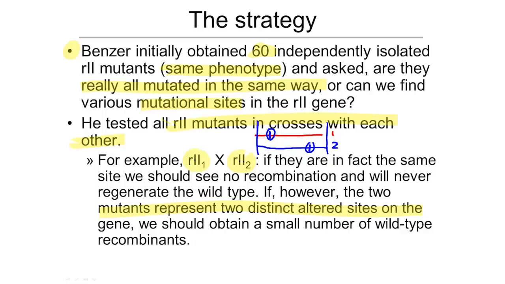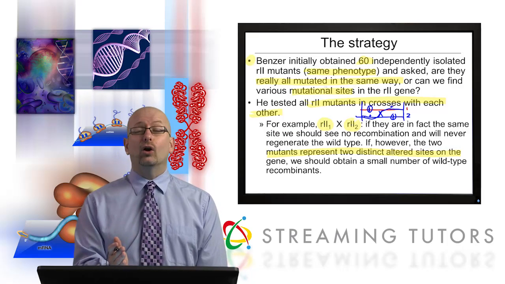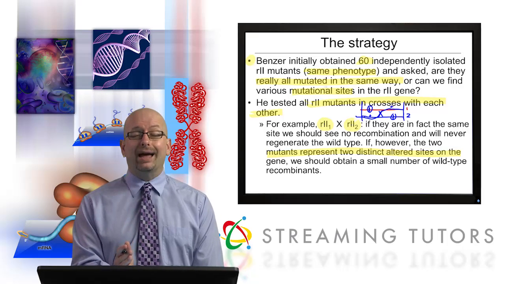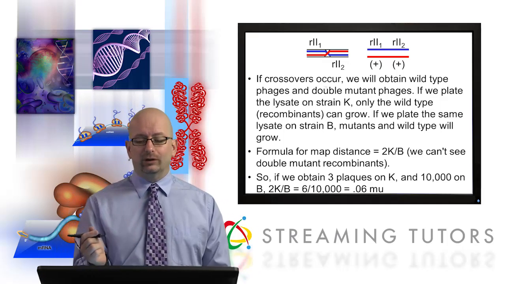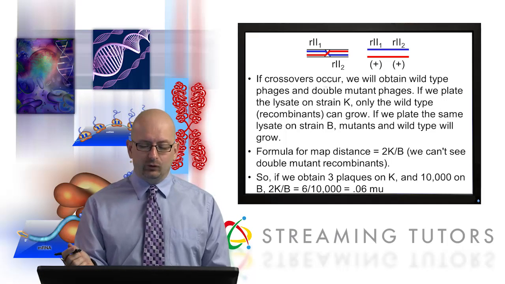If it was true, it would be possible in theory for a crossover to occur between there, and wouldn't it be possible, if you follow it along this way, for you to get two wild type sites there? And if that happened, you could regenerate a wild type phenotype. If it never happened, you'd have to assume that all the R2 mutants were mutated in the exact same way. So, I guess this is a little better picture, a lot better picture than I can draw.